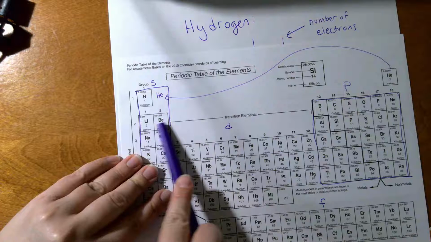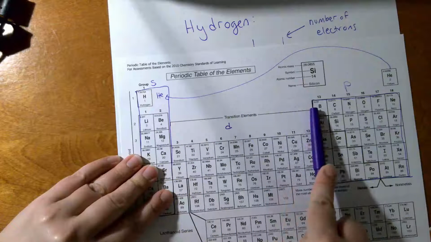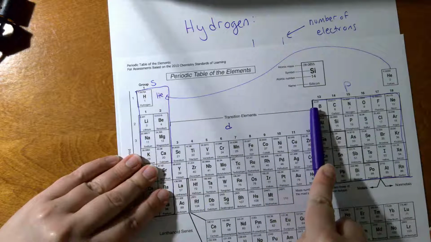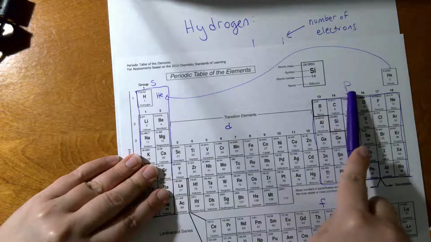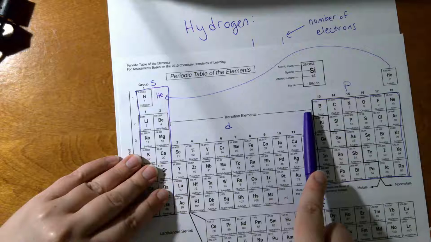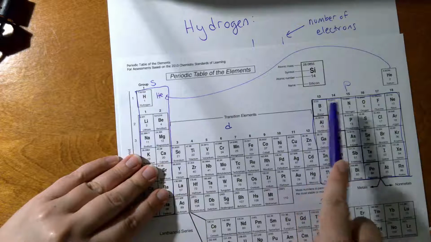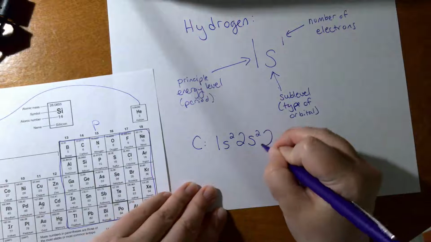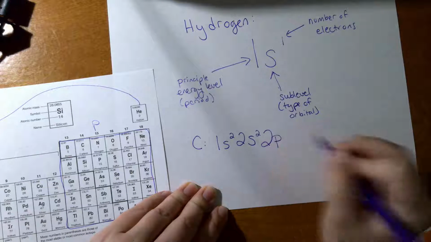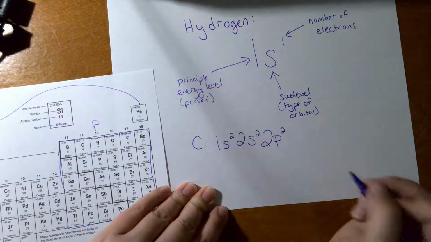Now, I still haven't gotten to carbon, so that means I have to keep going. So now I'm going to go to the other side of the periodic table because I'm still staying in the second row. And now I'm still in period 2, but now I'm in the p block. So now I have to see how many squares it takes me to get to carbon. 1, 2. Okay, so I was in period 2, the p block, and I went 2 squares to get to carbon.